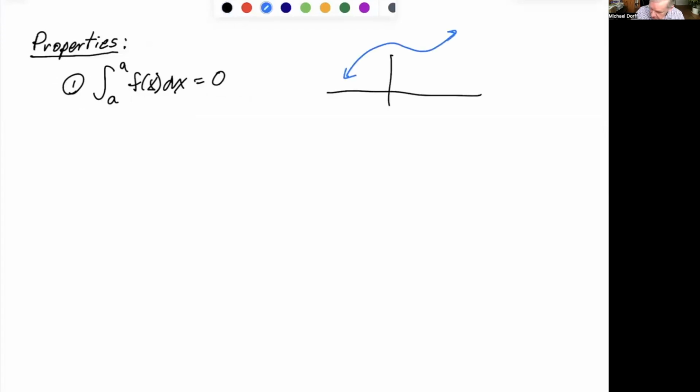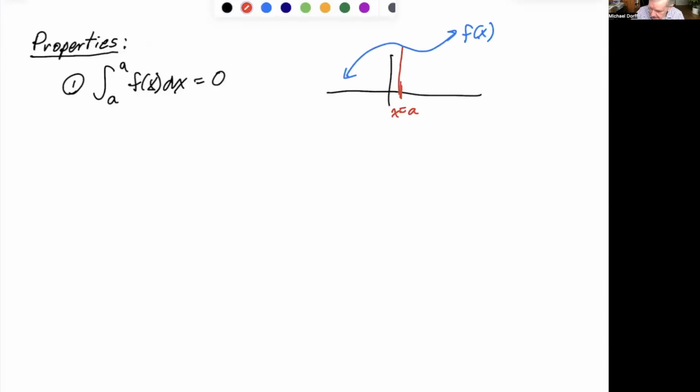All right, what are some properties of integrals? Well, first of all, the integral from a to a of f of x dx is going to equal 0. Maybe that makes sense here. If I have my curve, here's my f of x, and here's x equals a.